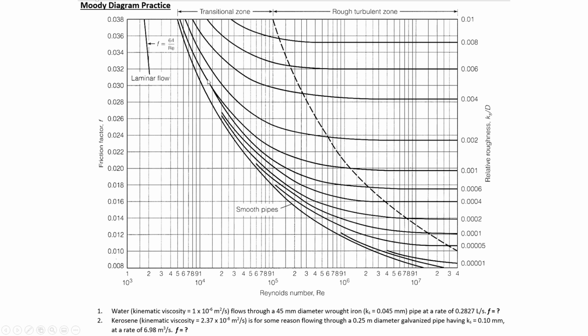So if it was 0.0015, and we were intersecting with the 8,000 Reynolds number, then that would be this point. So it would be 0.035. See how what we were following was this guideline, which goes up, and we intersected the 8,000.